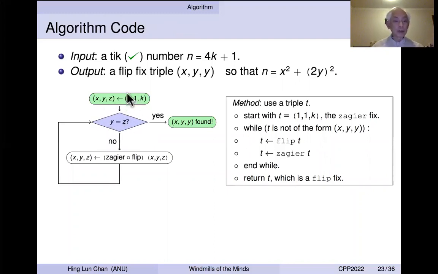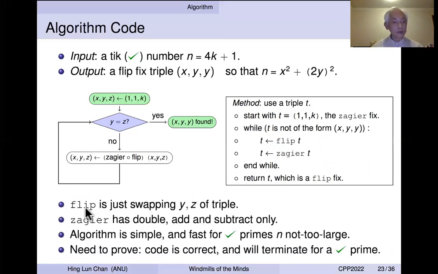Basically, we start with this known Zagier fixed point, and then check whether the last two components of the triple are equal, because if they are, we got the flip fixed point. If not, then we do the composition of flip and Zagier to get from one triple to another, and we loop back to the check at the very beginning. And this is the pseudocode, expressed using the while loop.